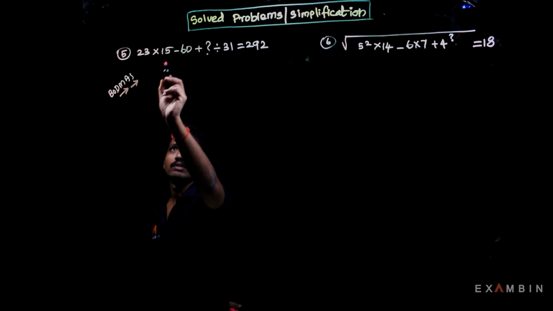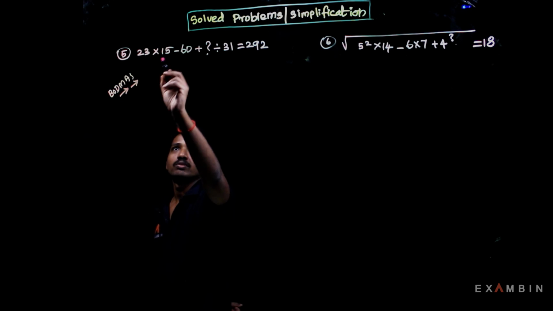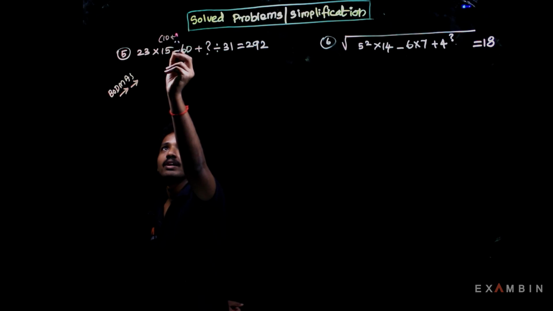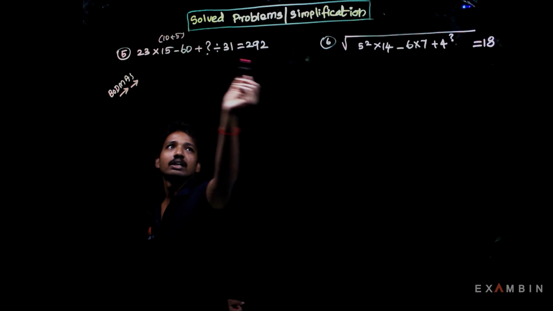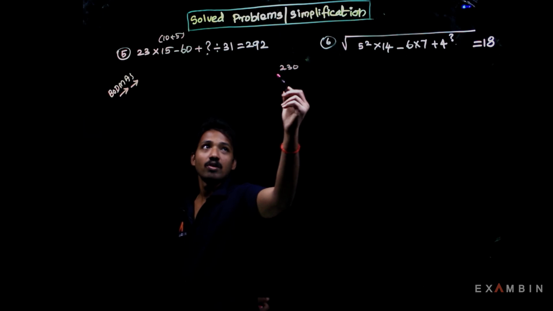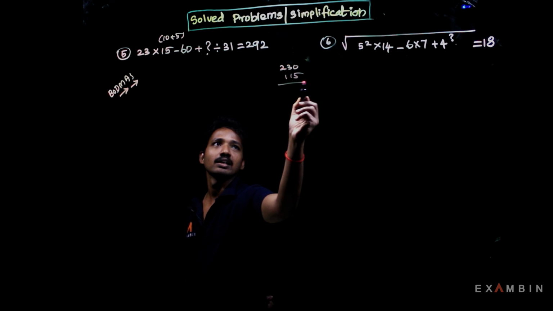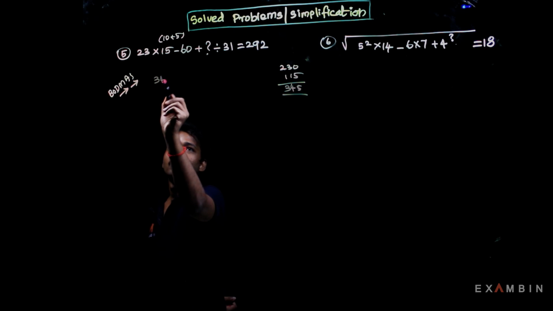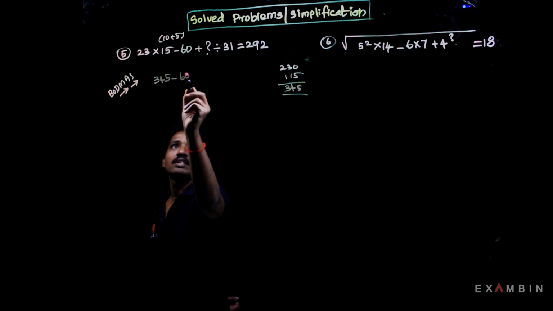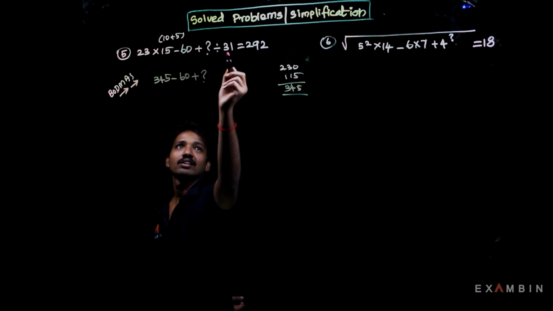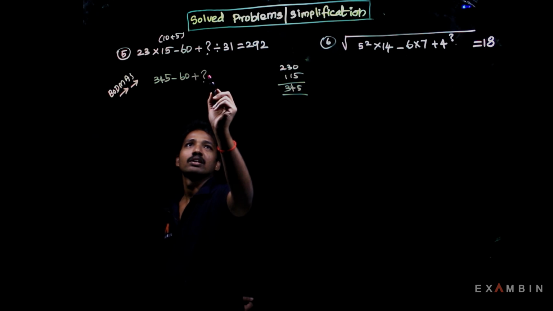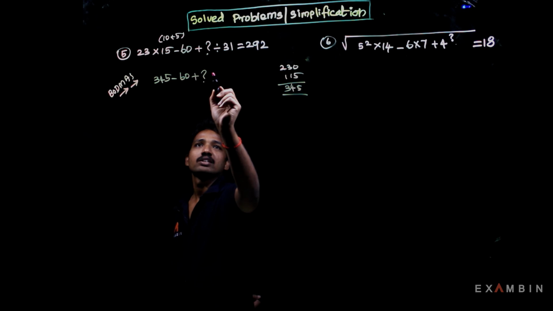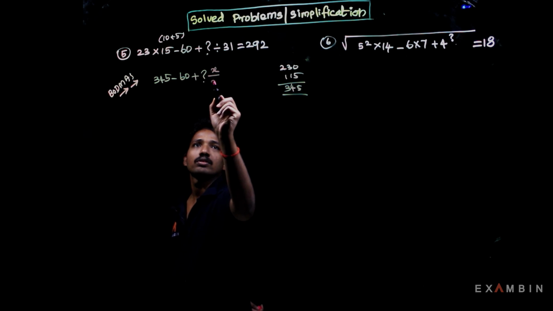First I am doing this multiplication, 23 into 15. 23 into 15 we can write as 10 plus 5. So it will be 230 plus half of 230, 115, which gives 345, minus 60 plus question mark divided by 31, which can be written as x/31.